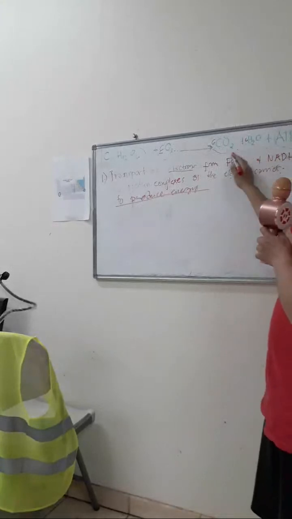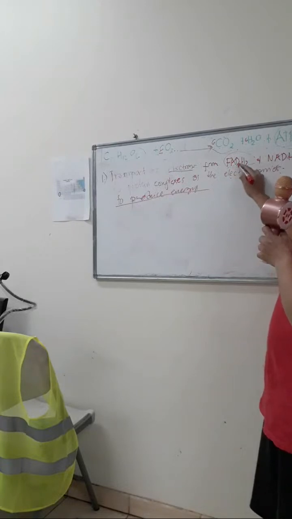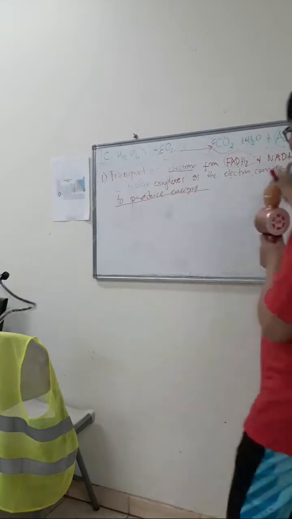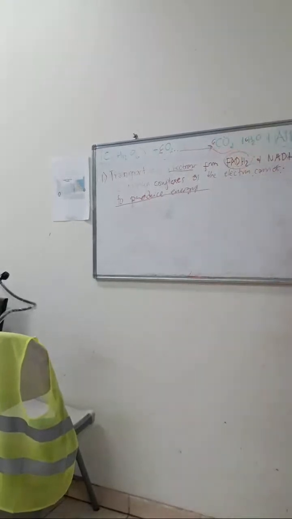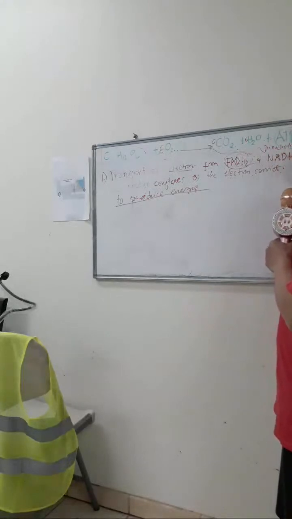So FADH2 means flavin adenine dinucleotide, NADH, nicotinamide adenine dinucleotide. So again, look at the word itself. F stands for flavin. So what would be the D here? It represents the dinucleotides.